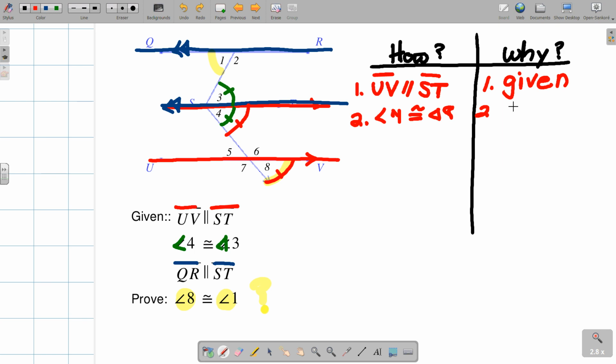If parallel, I'm going to abbreviate here, corresponding is congruent.